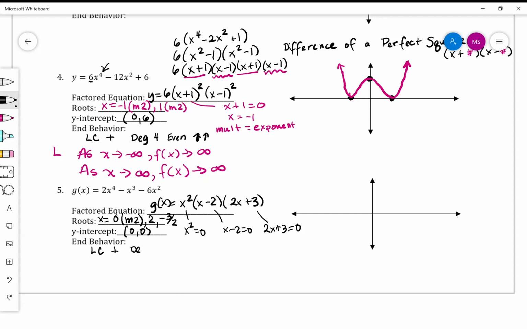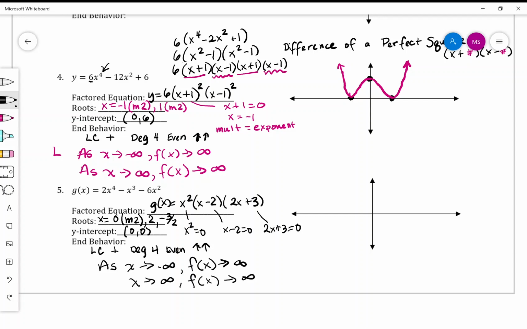The degree is 4. It is even, so that means that it's going to end up. Okay, and then what do we have here? As x approaches negative infinity, f of x approaches positive infinity. And then as x approaches positive infinity, f of x approaches positive infinity.